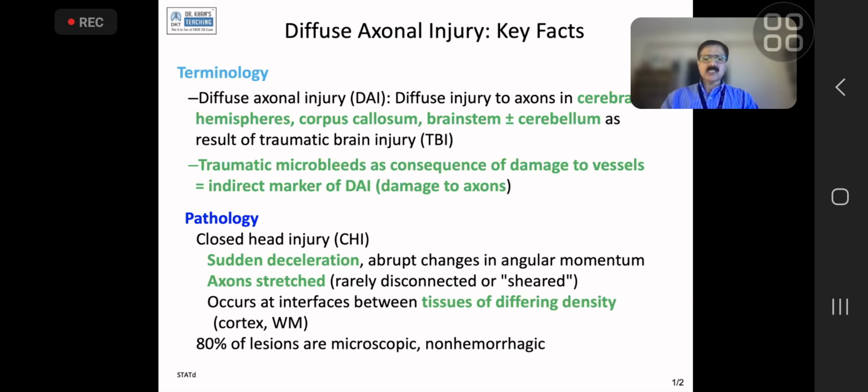There are very specific sites where you have to look for diffuse axonal injury, which include the gray-white matter junction, corpus callosum, brainstem, and the cerebellum is a bit rare. Now, anything which is red on this diagram, you must remember as diffuse axonal injury.